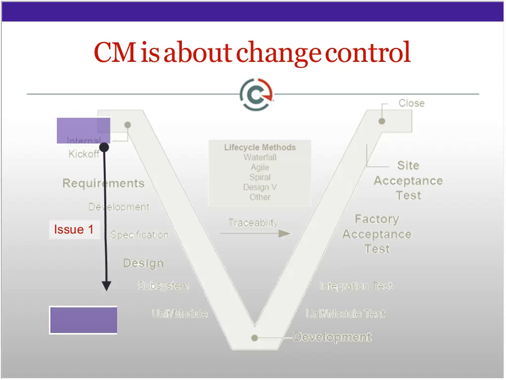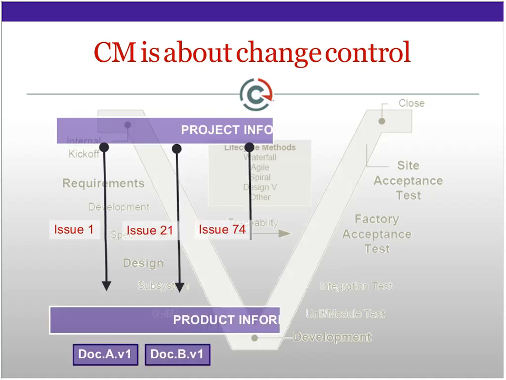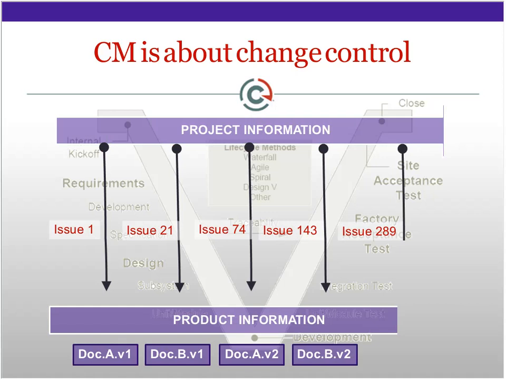So, during the development of a system, you come along a number of issues. And every issue might result in a change. Sometimes they don't, sometimes they do. And every change will probably result in another version of some kind of document. Even if you don't apply versioning, changes will come through in this document.